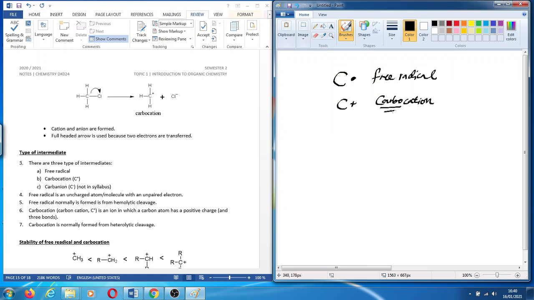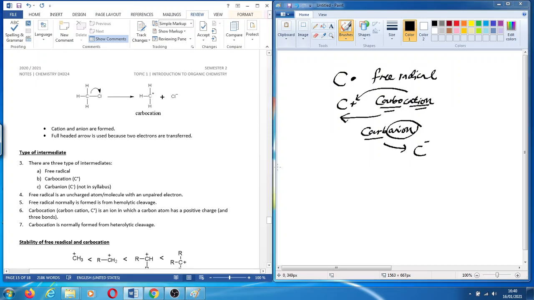Carbo is carbon, cation is positive charge. And then carbanion. Carbanion refers to the carbon, but anion means negative charge.